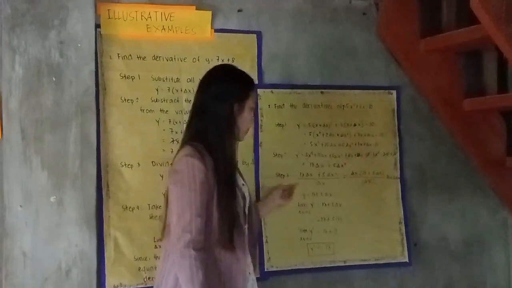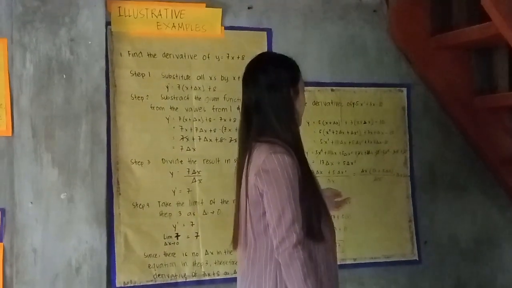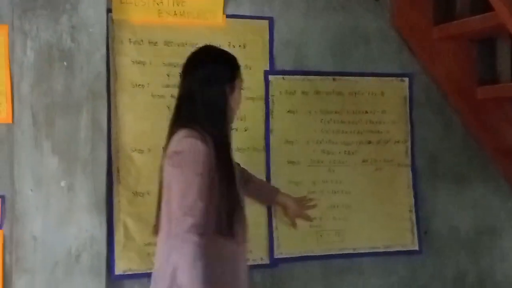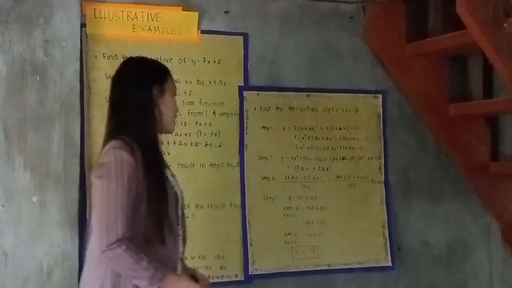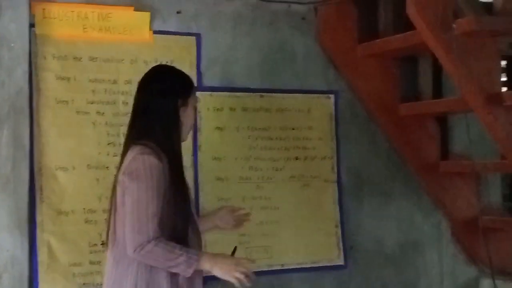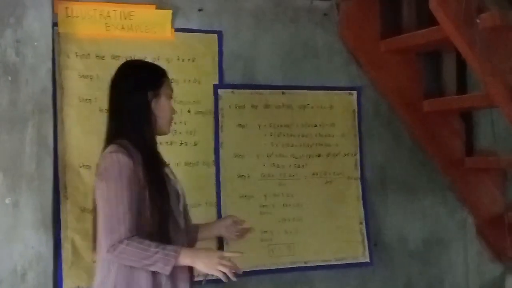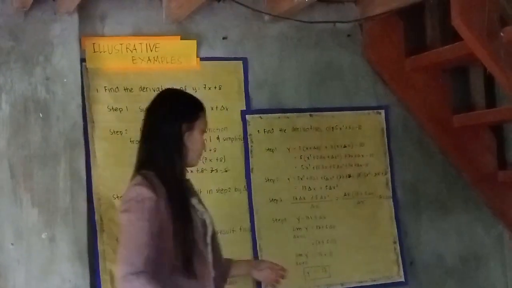Okay, very good. Since the result of step 3 is y prime equals 13 plus 5 delta x, let's copy that. And then here we apply the concept of limit, which is that for every delta x we substitute 0.